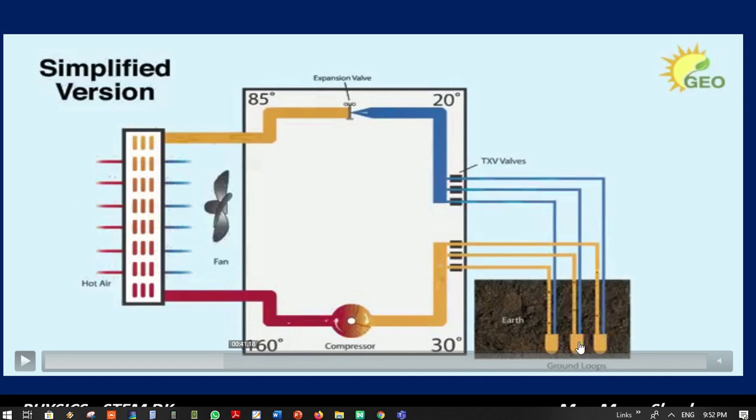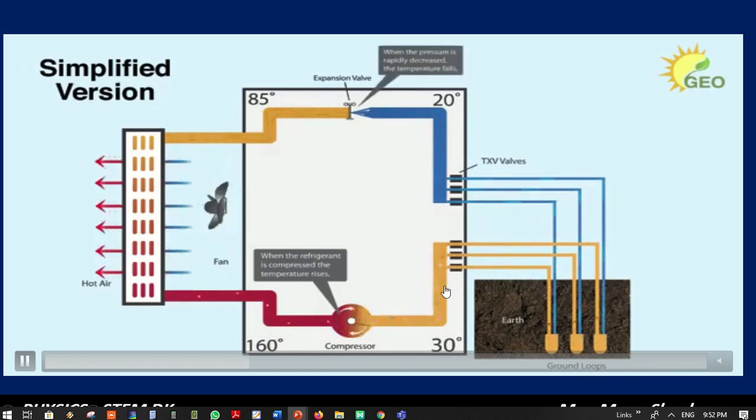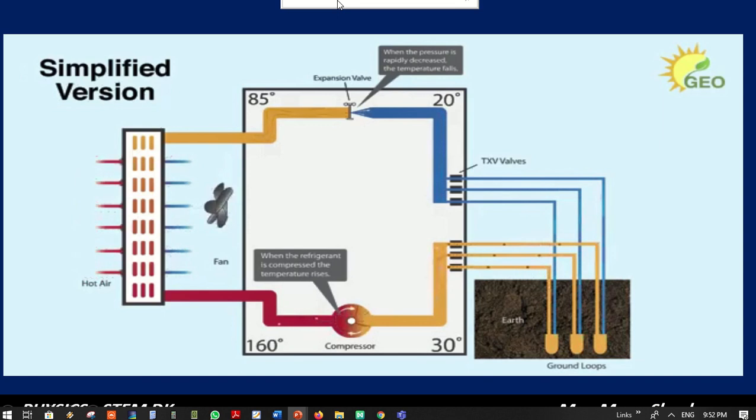Okay, here is underground water, which circulates to the compressor, and then the compressor increases its temperature by increasing its pressure. You will see, watch the circulation here. Water comes in at 30 degrees.